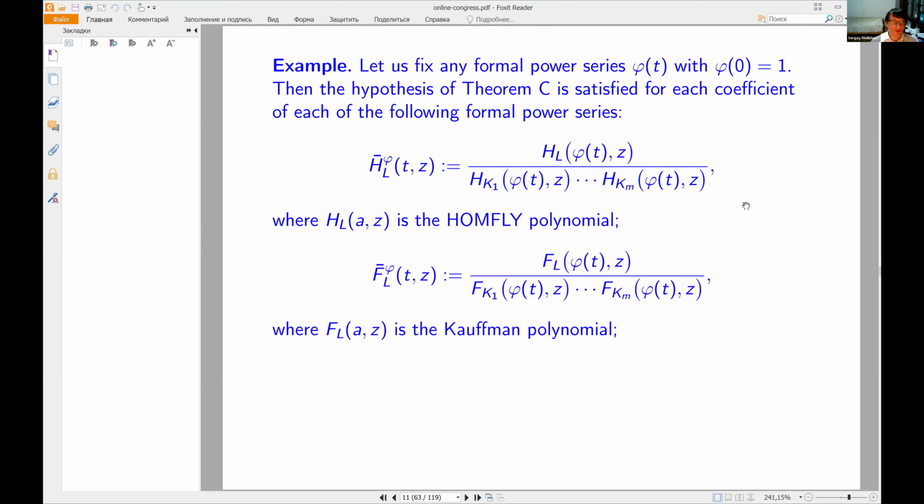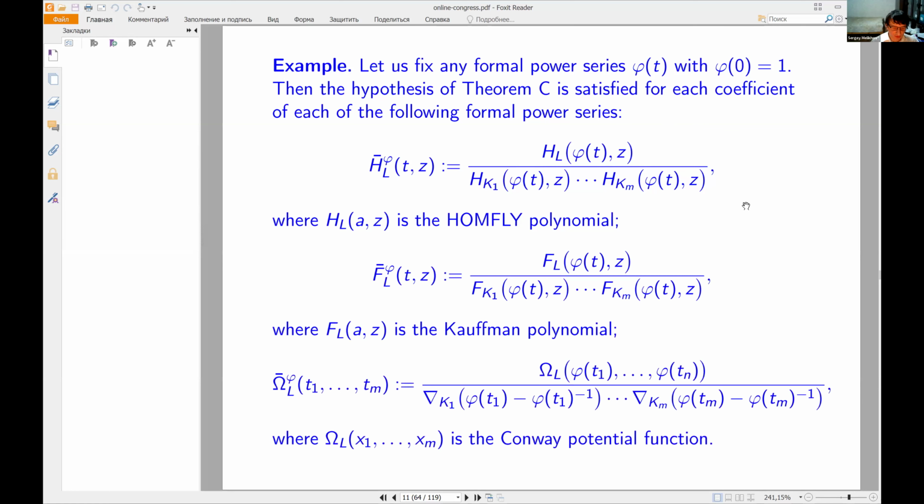And you can do the same for the Kauffman polynomial. And you can do the same for the Conway potential function. But unfortunately, I wasn't able to apply this invariance, and instead I have to do something slightly different.